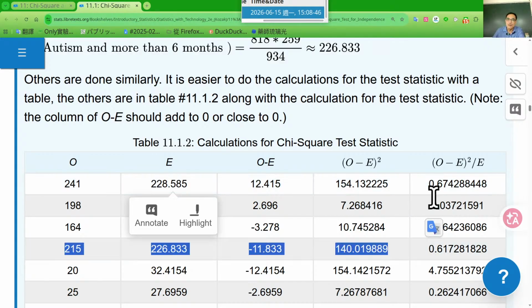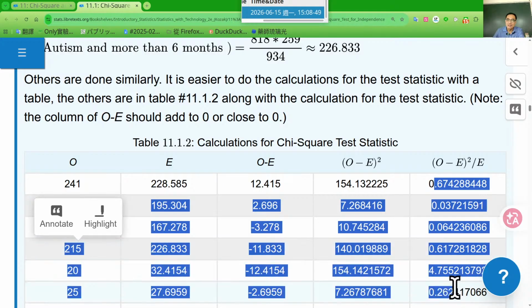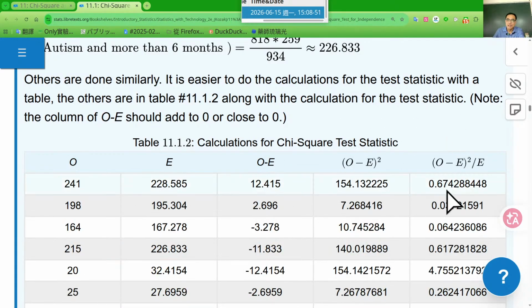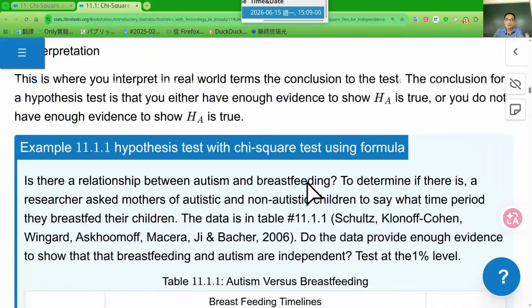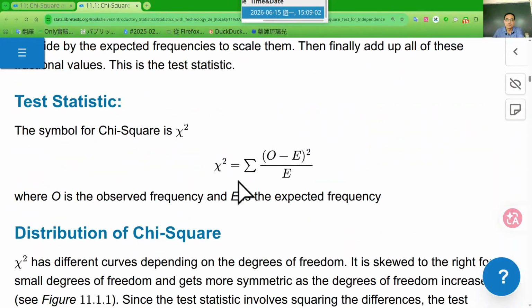0.674, like this one. And get the value here. And later, summation of those values together, that's this one. Like this formula.